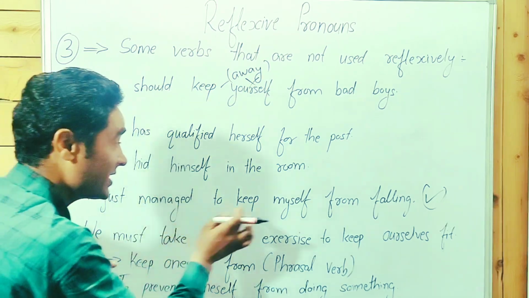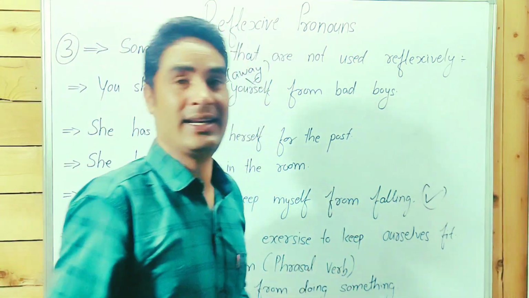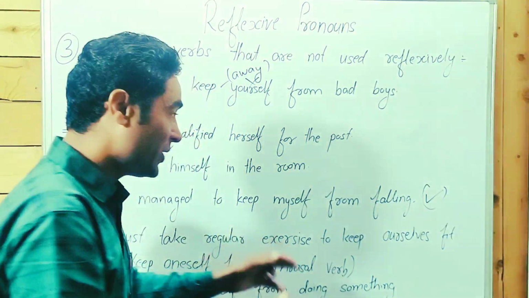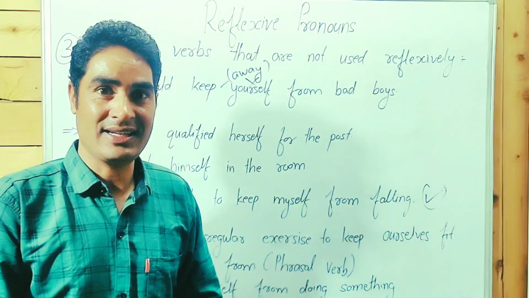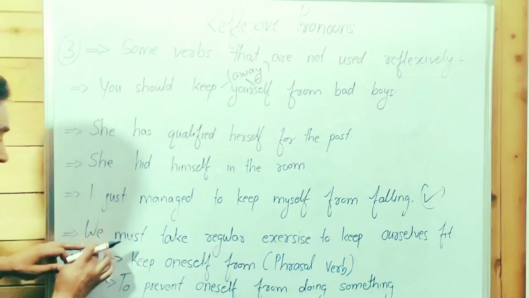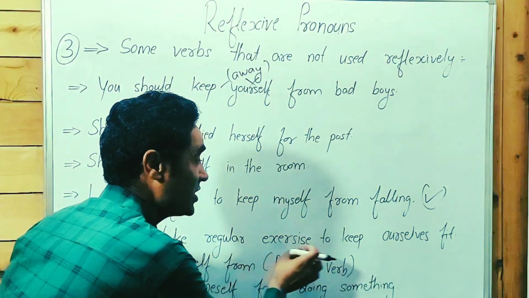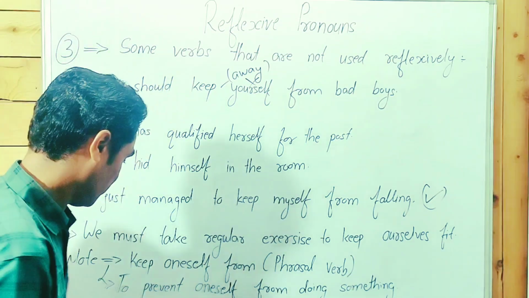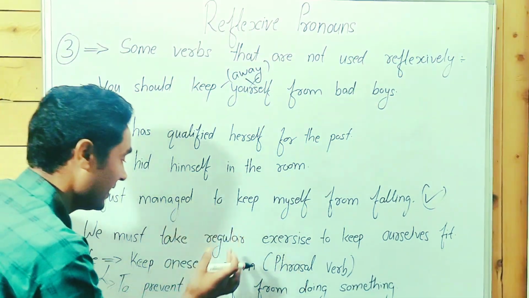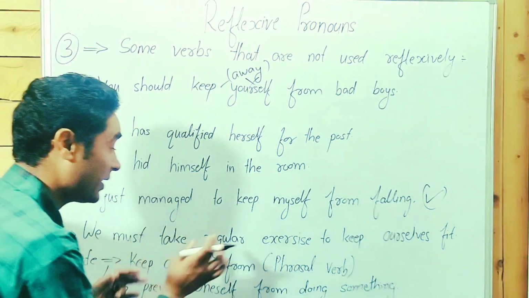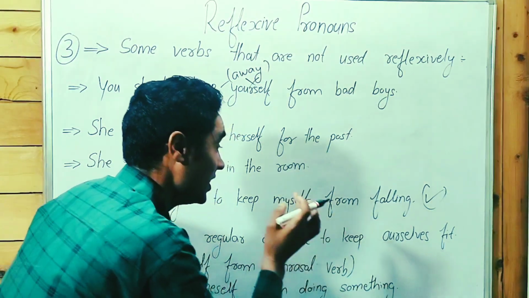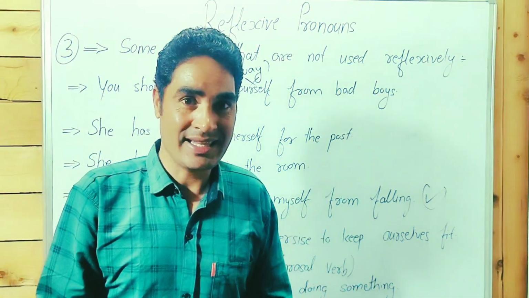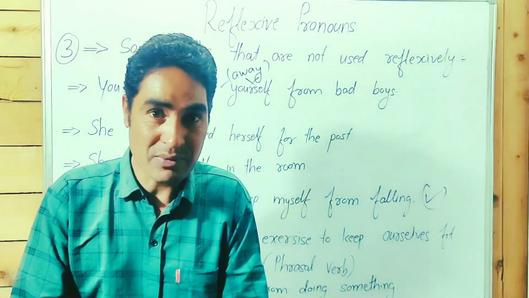I just managed to keep myself from falling means I prevented myself from falling. It's a different meaning. We must take regular exercise to keep ourselves fit. It means we must take regular exercise to prevent ourselves from becoming unfit.